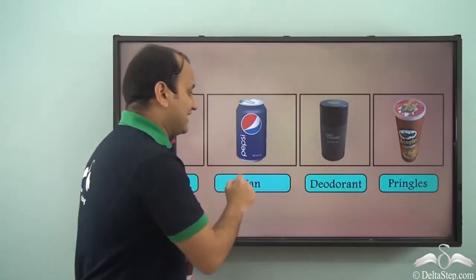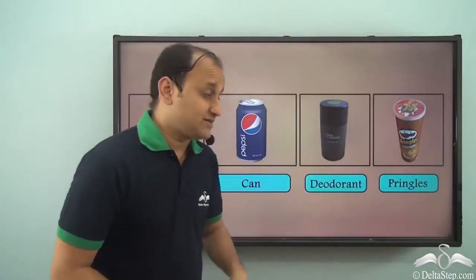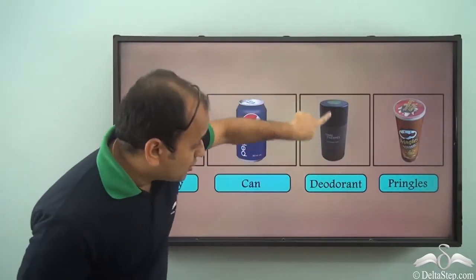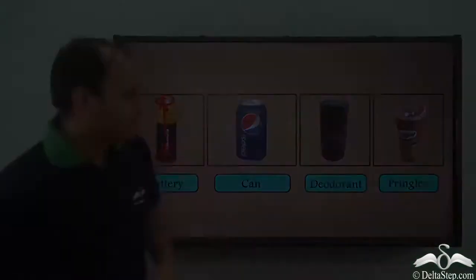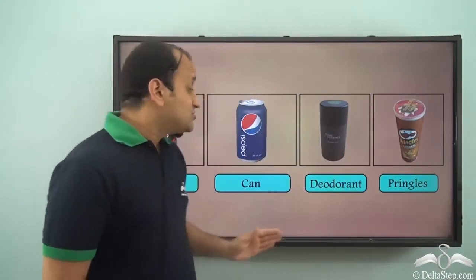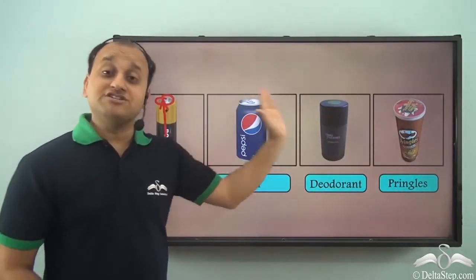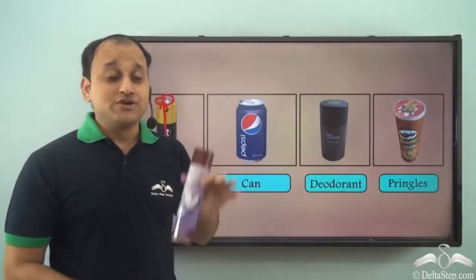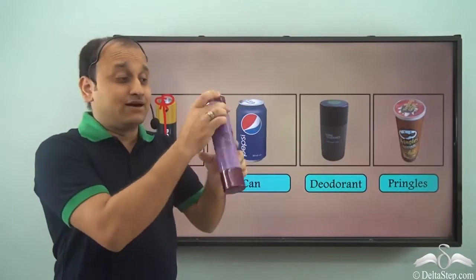Even this cold drink can has a cylindrical shape. What about the deodorant? Well, such deodorant cans also have a cylindrical shape. Even this Pringles box has a cylindrical shape. So you see, all these are very common things which are cylindrical in shape. So this shape is what we call a cylinder.